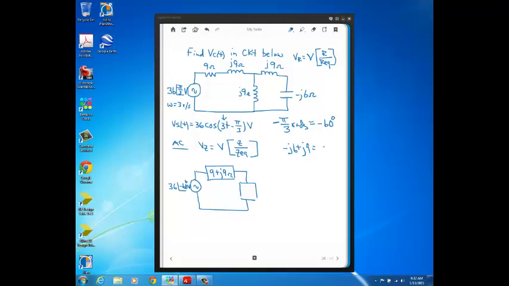That will give me j3 ohms. And then these two in series, which have a ZEQ of j3 ohms, are in parallel with j9. So now if I do product over sum, I have j9 times j3 over j12.